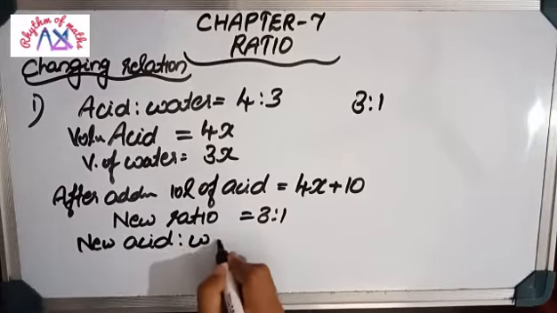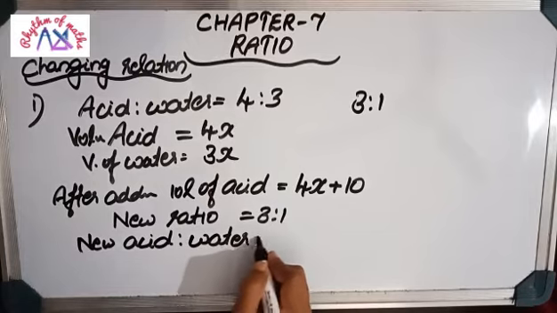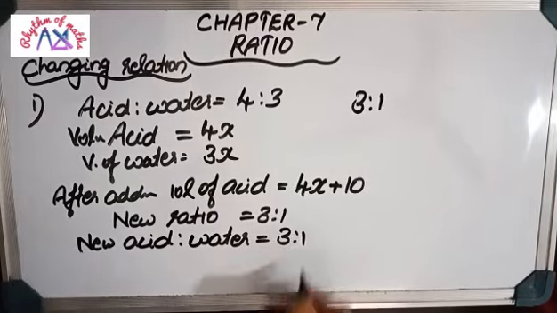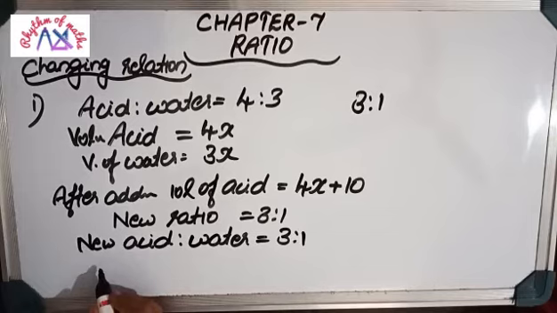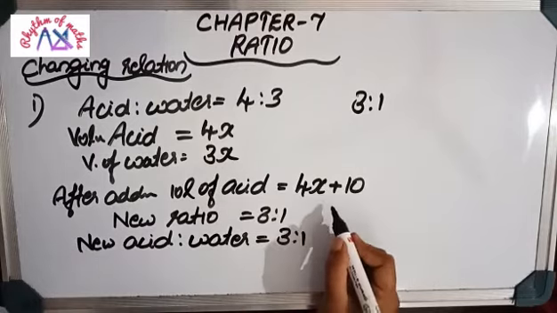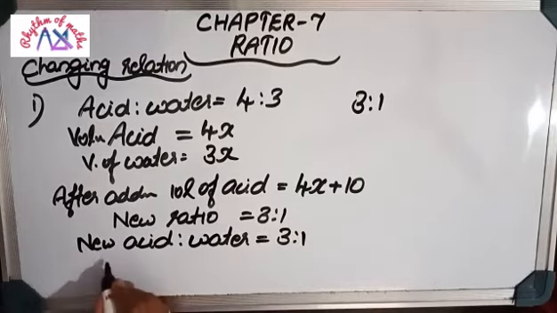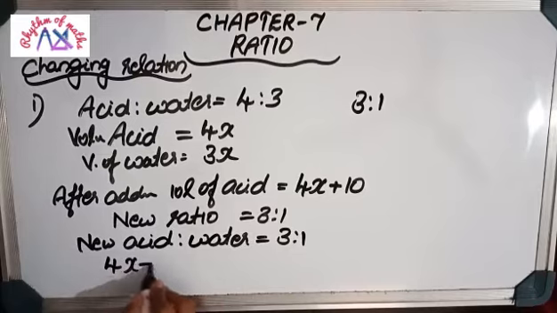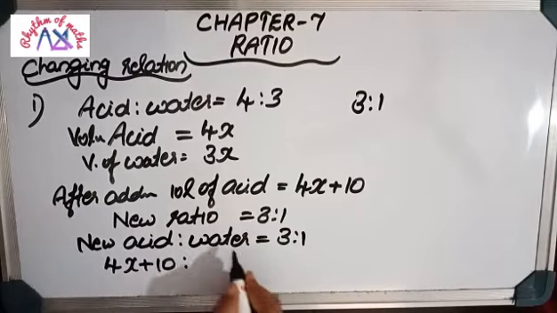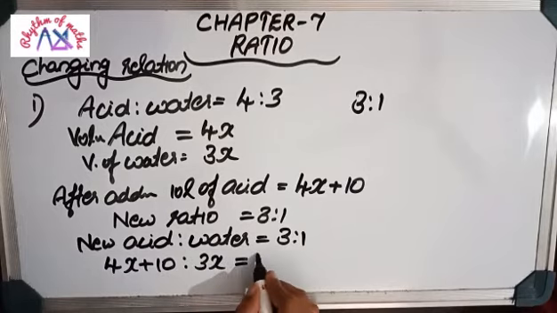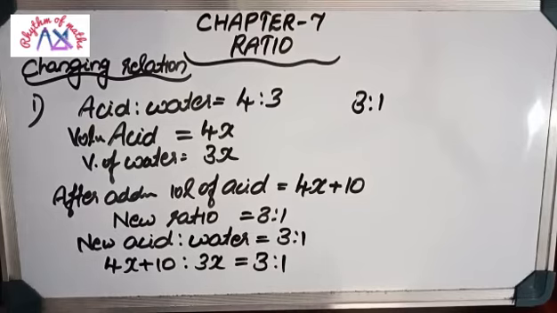New acid is to water equal to 3 is to 1. What is the new quantity of acid here? It is 4x plus 10. So 4x plus 10 is to the water quantity, there is no change, that is 3x. So 4x plus 10 is to 3x equal to 3 is to 1.